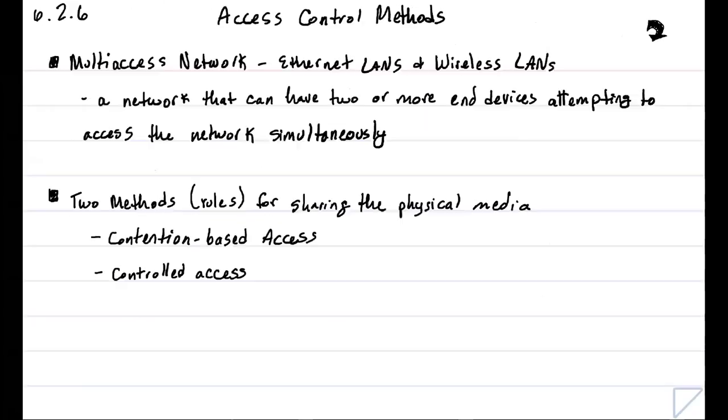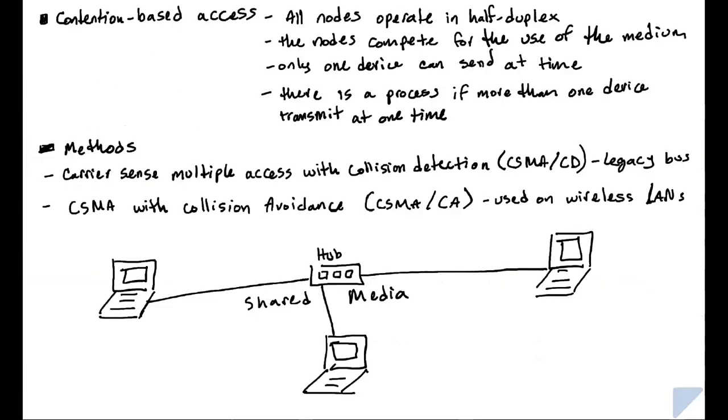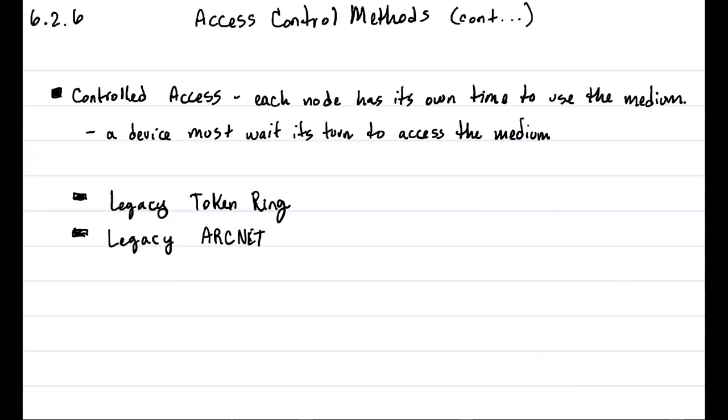Again, we have contention-based access and controlled access, the two methods of sharing the physical media. We spoke about contention-based access. Now let's go to controlled access. In controlled access, each node has its own time to use the medium. A device must wait its turn to access the medium. So for example, token ring topology.